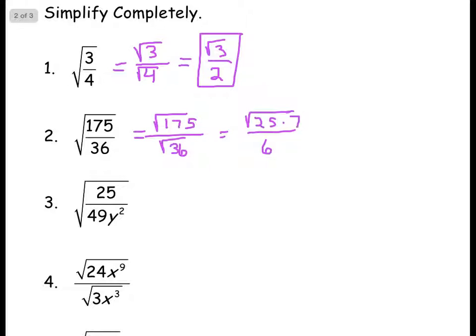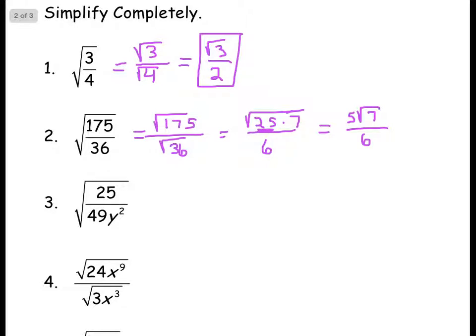Those are the two factors. Then I simplify the numerator: the square root of 25 is 5, and I leave 7 inside the radical. Then I put my 6 on the bottom as my denominator.